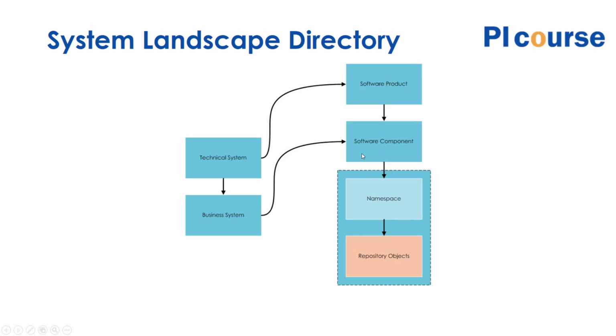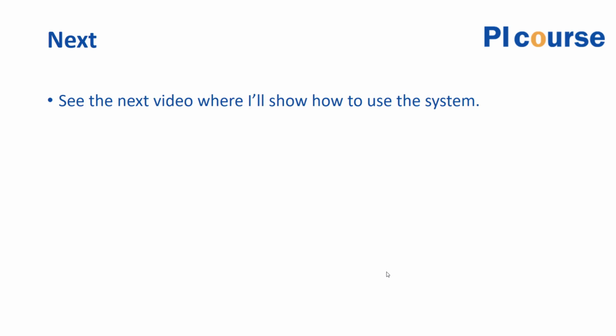That's collecting what are the software component versions we have on this. And then you've got the namespaces and repository objects in this. Don't worry, we'll cover this later. Just wanted to give you these slides. So next I'll show you how you can use the system to create a real scenario.